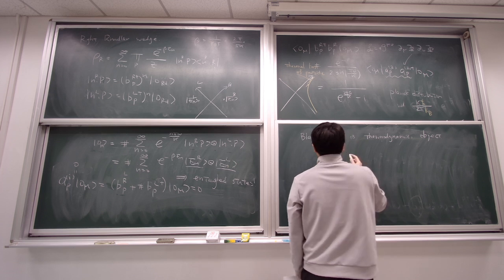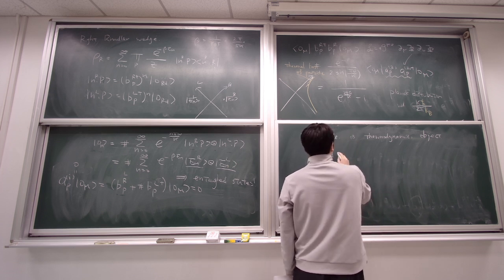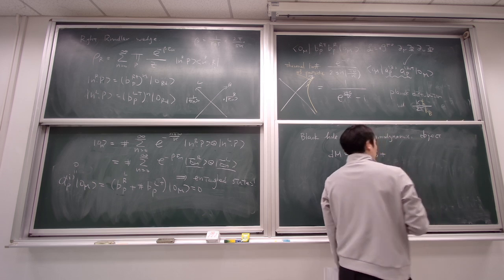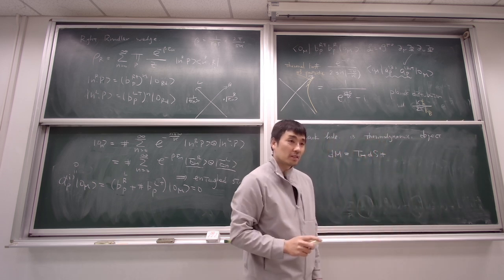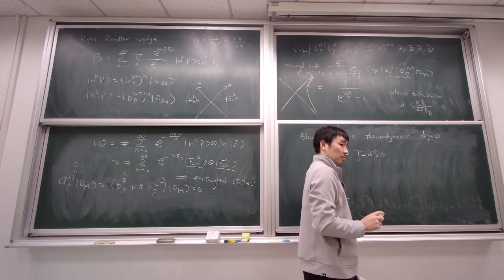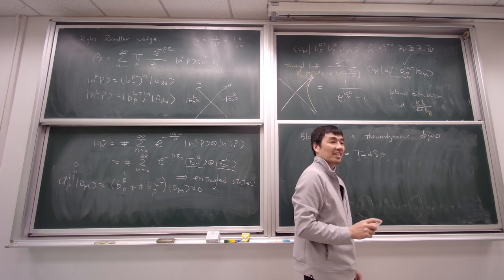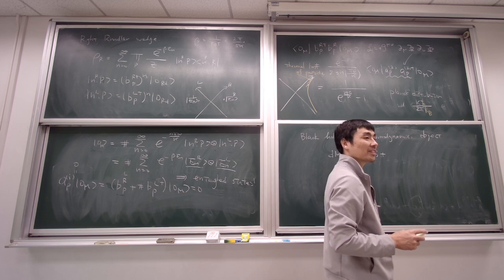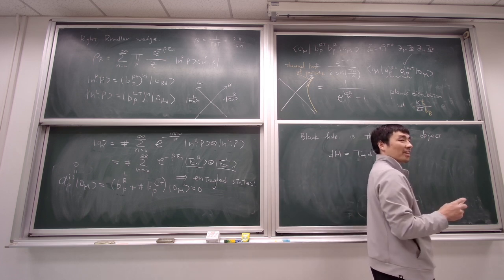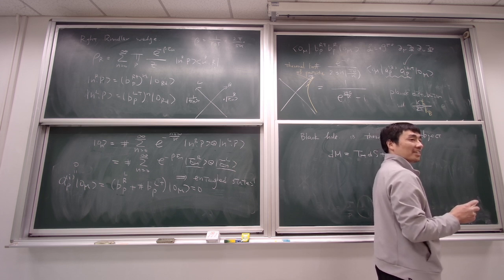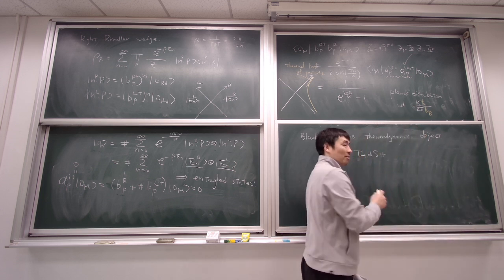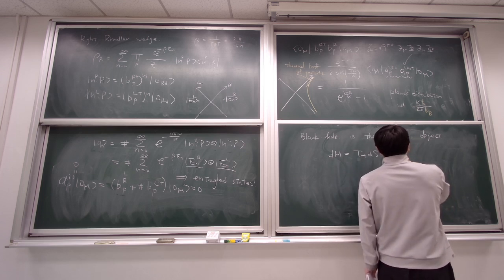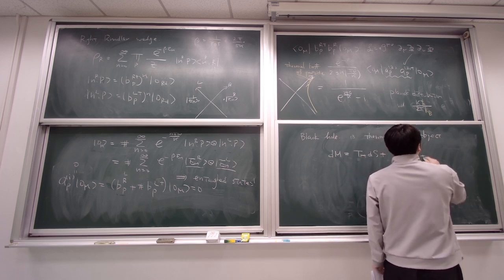So if you change the mass, what kind of change do you have in general? The black hole's mass, and then what else? Charge, okay, charges, phi_H dQ. What else?